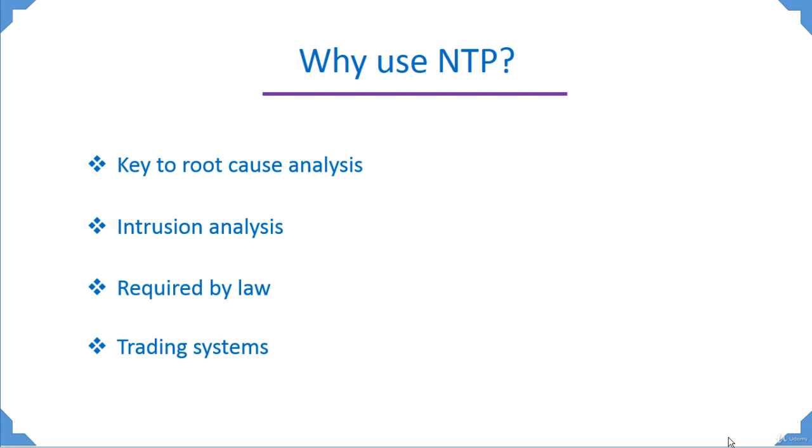And if you don't have the time synchronized on the systems that are running these transactions, your transaction or the trade could be delayed, and because of that delay, it can cause thousands, probably even millions of dollars worth of loss to a client. So that's why for trading systems it's extremely important to have a Network Time Protocol server in place.